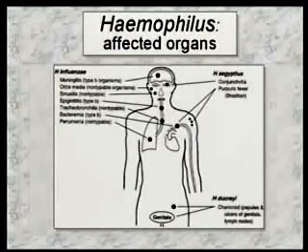The Haemophilus B causes, as I indicated, meningitis, and it causes epiglottitis. That symptom is very characteristic of Haemophilus influenzae B. I did not have epiglottitis in that description, but as soon as you see those symptoms of epiglottitis, think Haemophilus B.